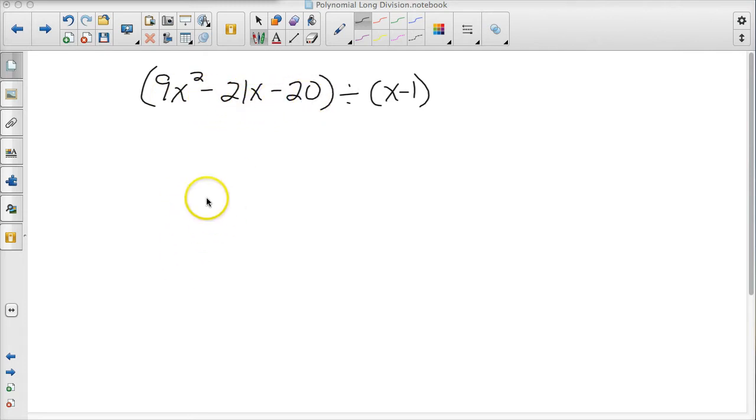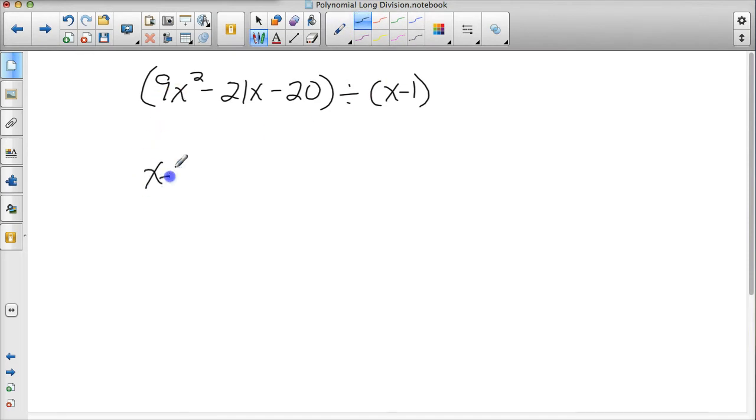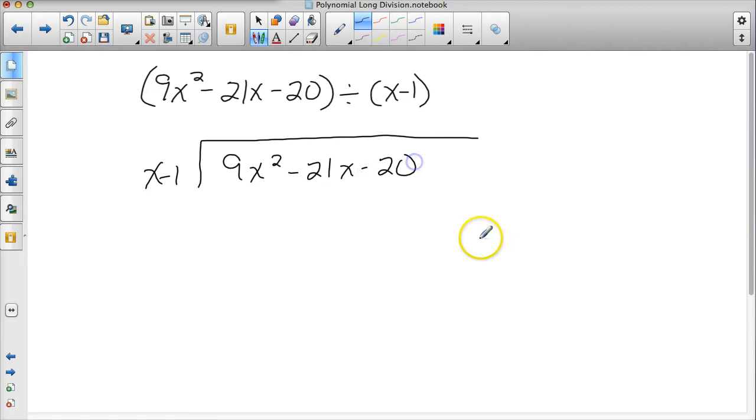So we're going to divide. Remember when we do long division, we write our x minus 1 on the outside, and we write our polynomial on the inside of our long division symbol.